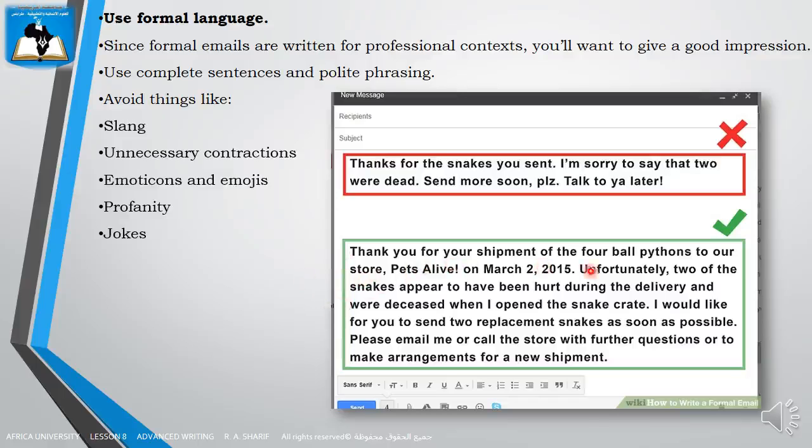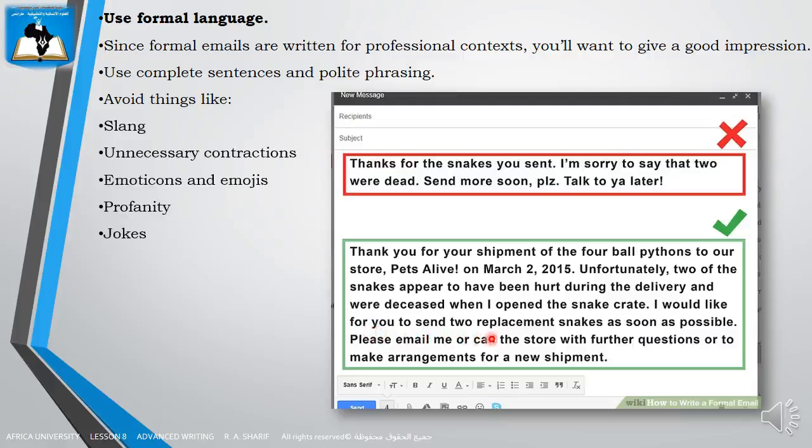"Thank you for your shipment of the 4 ball pythons to our store, Pets Alive, on March 2, 2015. Unfortunately, 2 of the snakes appear to have been hurt during the delivery and were deceased when I opened the snake crate.